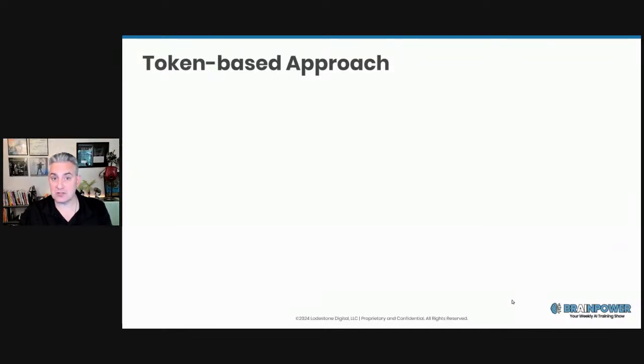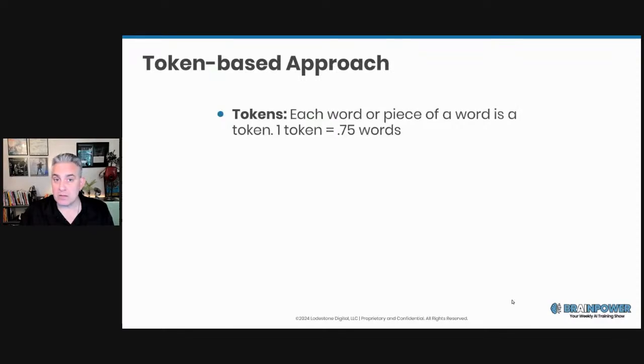When you go into ChatGPT and you place your cursor inside the message box, that is the context window. Every time that you type in a word or words, those are converted into tokens. And the formula that we use is every token is equal to 0.75 words.